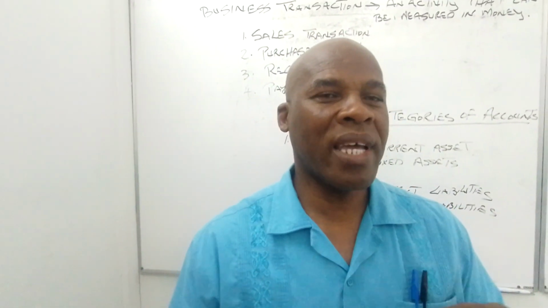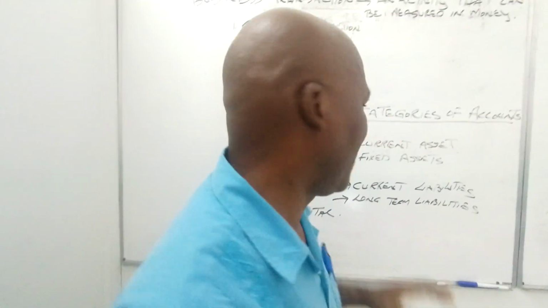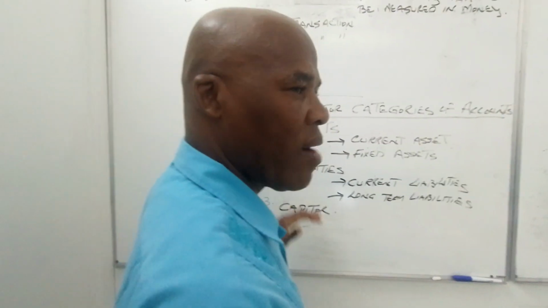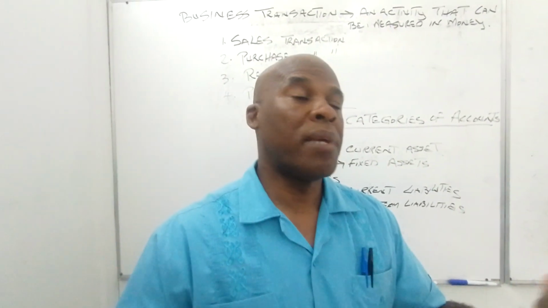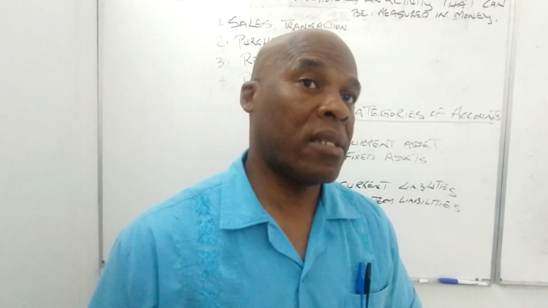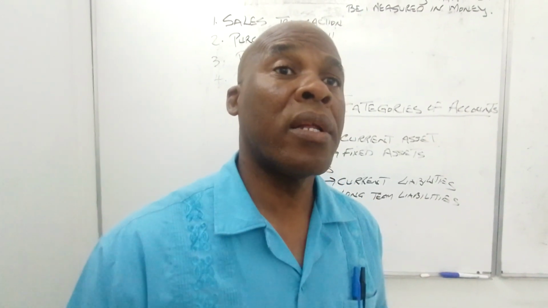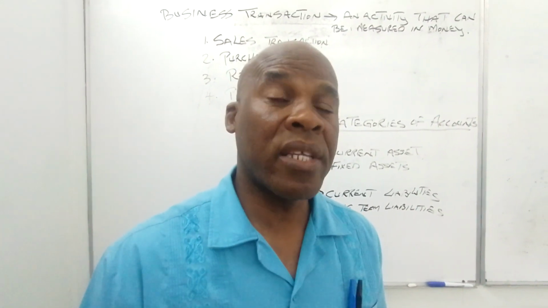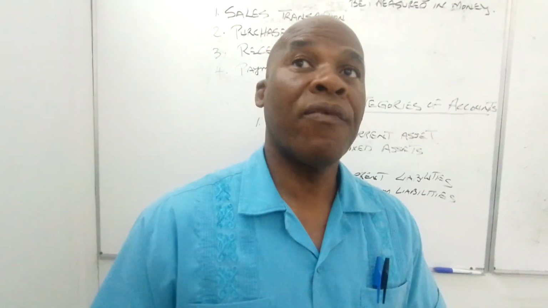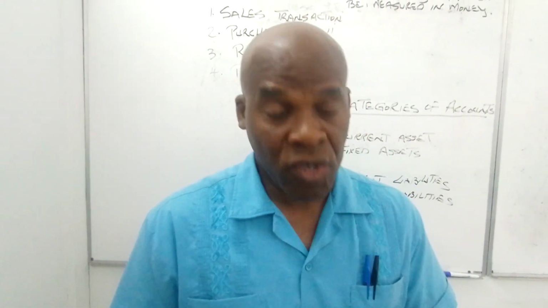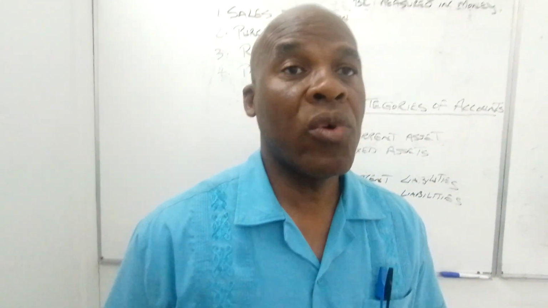If you notice, I'm not trying to get into debit and credit and double entry now, because I want you to understand these 3 categories of accounts, which will make up the presentation on the balance sheet, or some call it the statement of financial position. My training is in the US, so I use a lot of US terms.